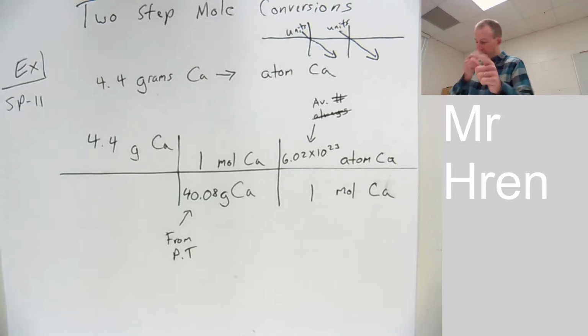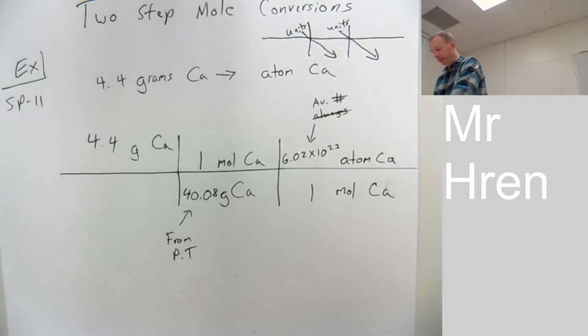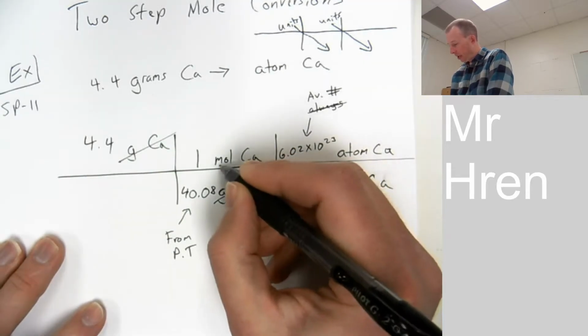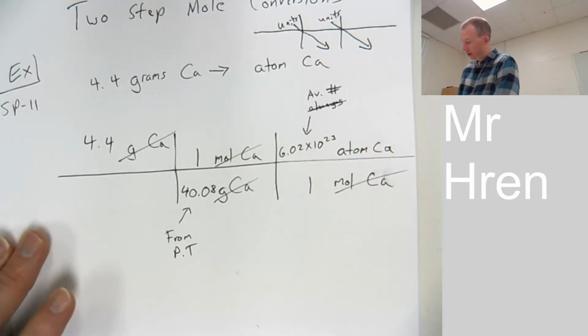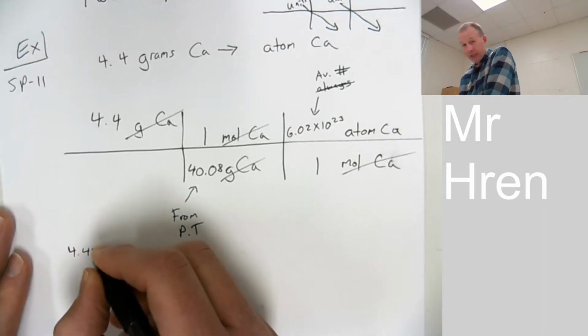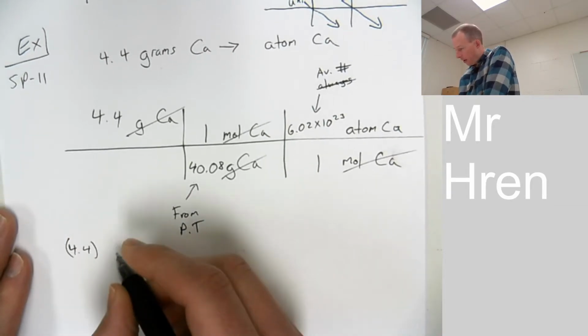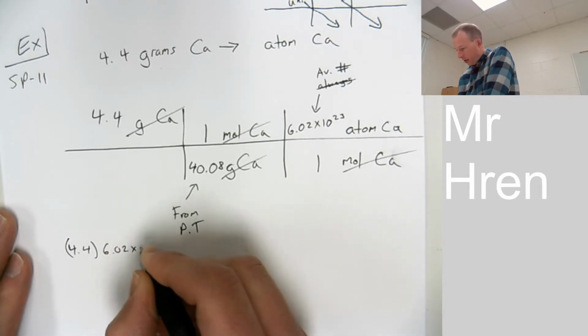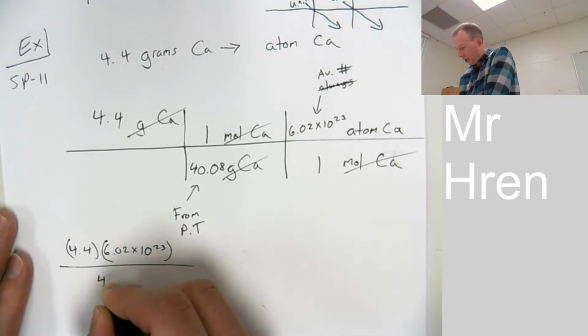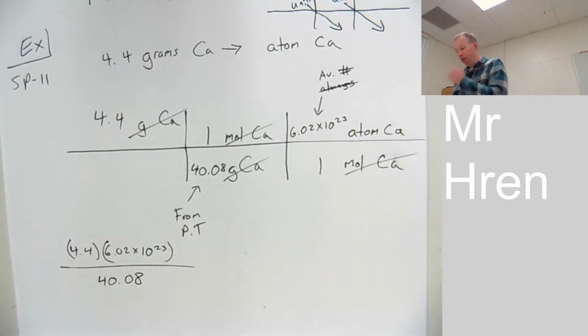Now, the math. This is where some people get a little lost. Make sure your units cancel: your grams of calcium cancel, your moles of calcium cancel, you're good. As far as the math goes, this equates to 4.4 times 6.02 times 10 to the 23rd divided by 40.08.